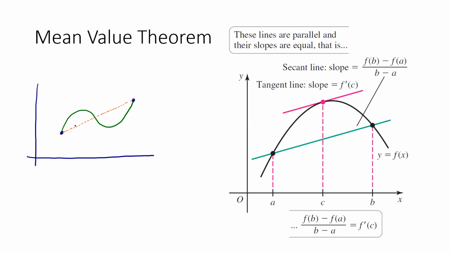So here's my secant line connecting the endpoints there. And I can kind of see that, yeah, exactly 2 points in this case would have a tangent line with the same slope. Say maybe over here and over here. So those would be 2 points where it looks like the tangent line there and the tangent line there would have the same slope as the secant line.